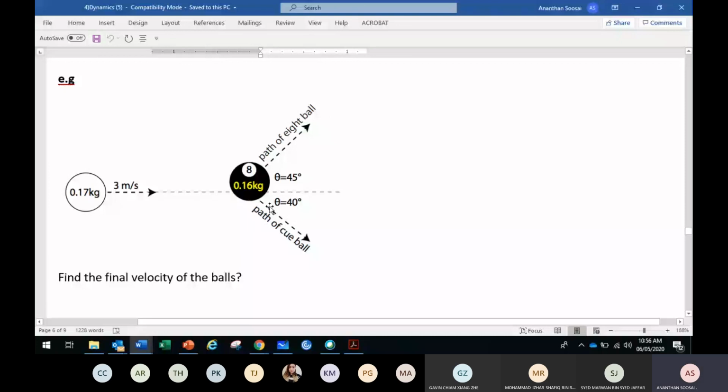Find v1 and v2 for me. I already explained twice how to do it, so write the working on a piece of paper, snapshot, and put it on the WhatsApp.